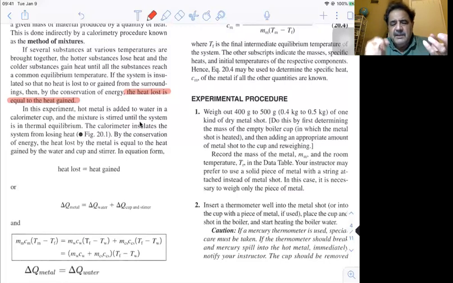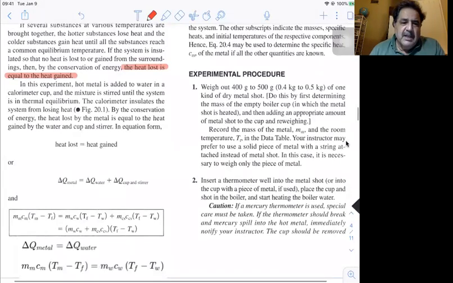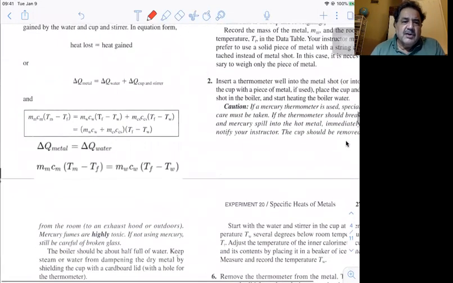You heat up the metal, you have cool water, you put the metal into the water, and the amount of heat that the metal loses should be the amount of heat that the water gains. Now here they have Q metal equals Q water plus Q of the cup and stir. Well, we don't have a cup and stir. This is a virtual experiment. So that's going to change our equation.